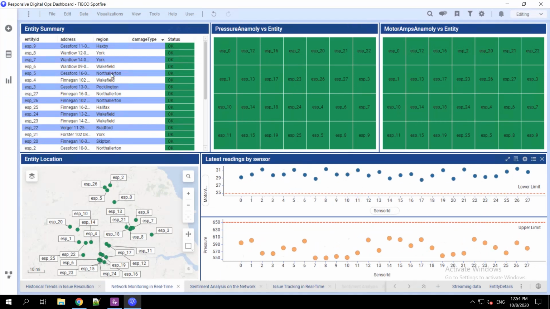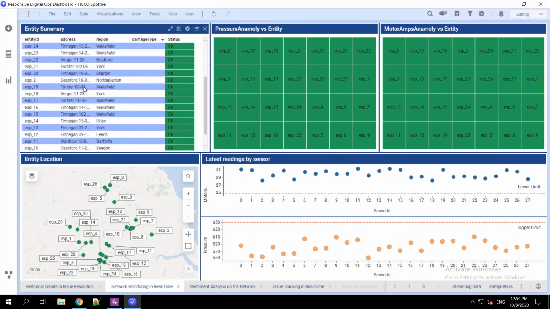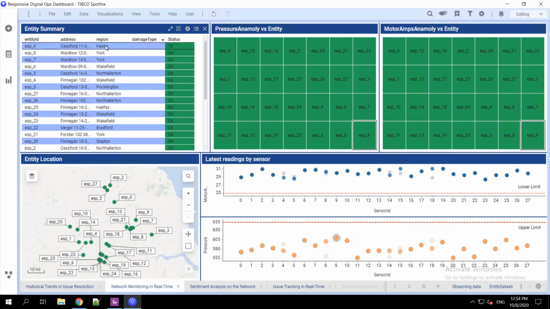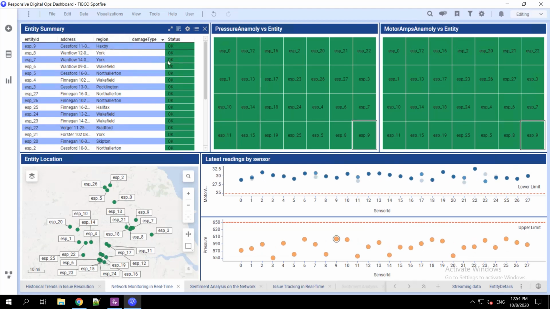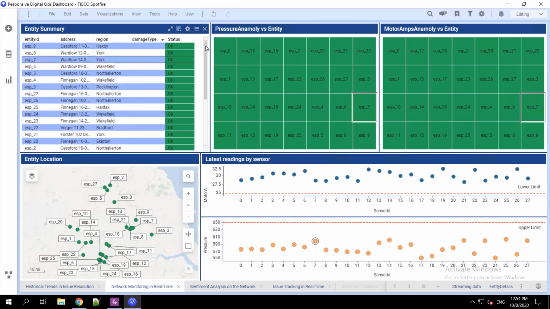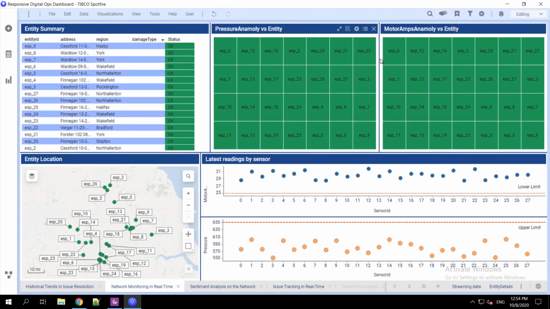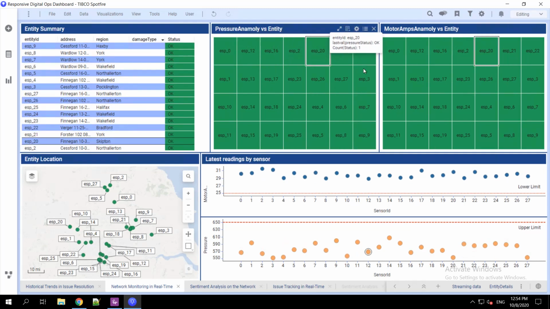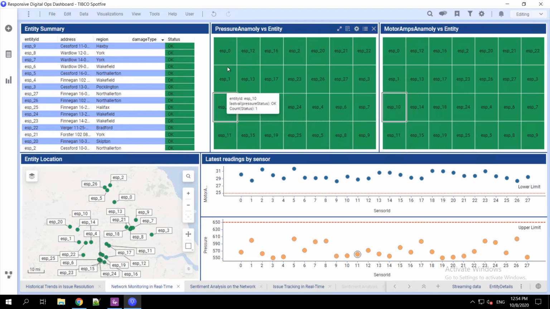To the top left, you can see the entity. These are the sensor locations, by address, and then the region where the sensor is located. Right now we can see all of them are in status okay. This is the network, the locations where we are getting readings from.